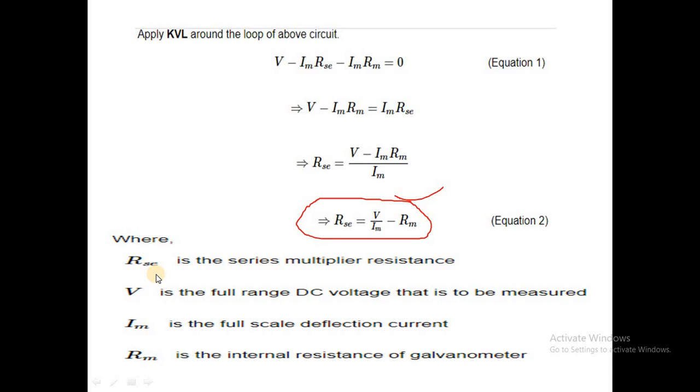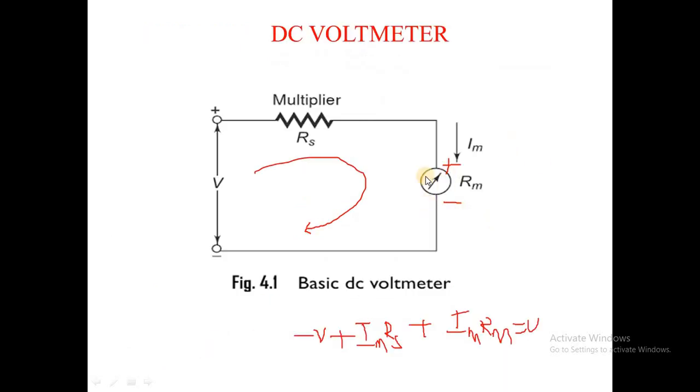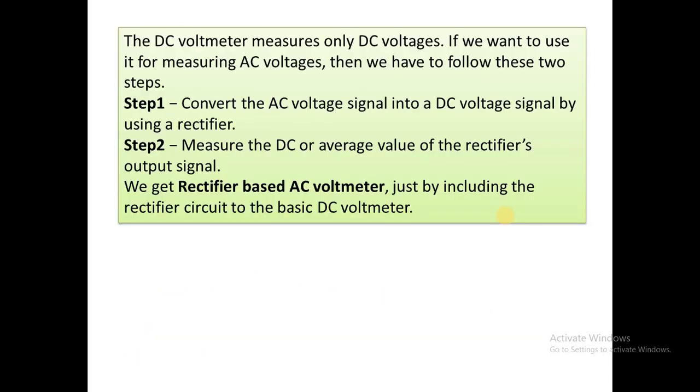Here Rs is the series multiplier resistance, V is the full range DC voltage, Im is the full scale deflection current, and Rm is the internal resistance of the galvanometer.